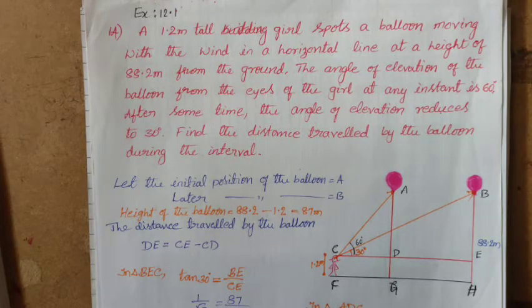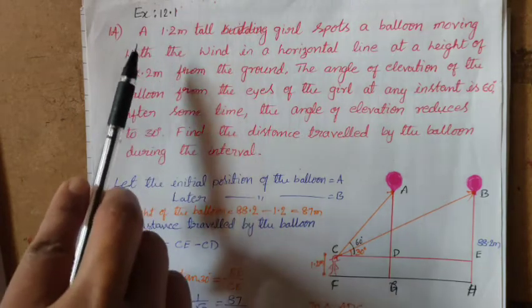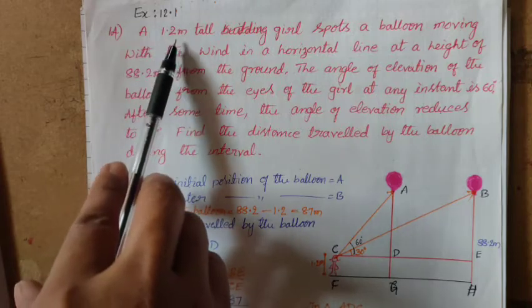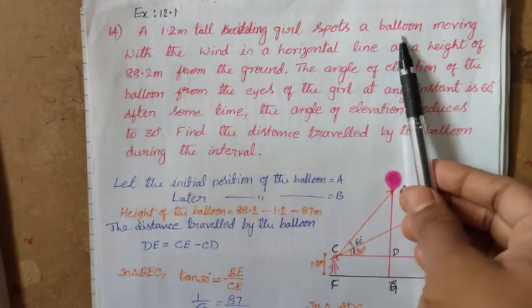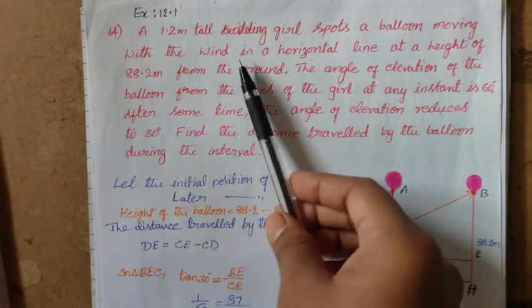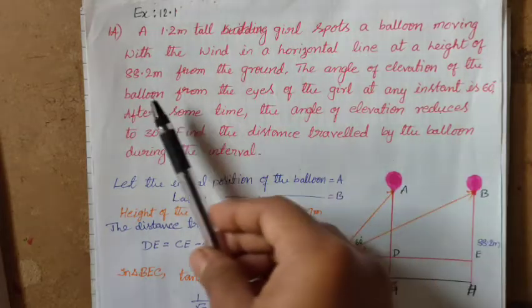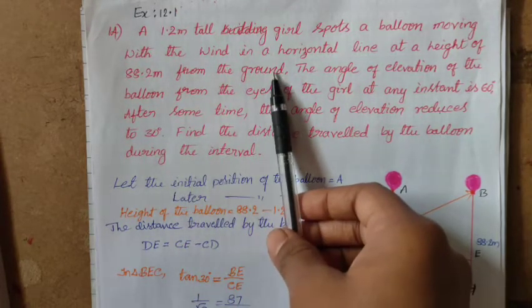Students, now let us go to the last question, the 14th one from exercise 12.1. What is the 14th question? A 1.2 meter tall girl spots a balloon moving with the wind in a horizontal line at a height of 88.2 meter from the ground.